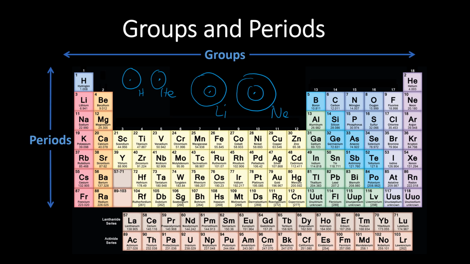If you recall from the atomic number slide, the atomic number of elements is equal to the number of protons and electrons. So 1 electron for hydrogen and 2 for helium. And lithium's number is 3, so there will be 2 in the first atomic orbital and 1 in the outer atomic orbital. And neon is a noble gas, so it will be full with 10. So both atomic orbitals will be full. 2 on the inside and 8 on the outside.